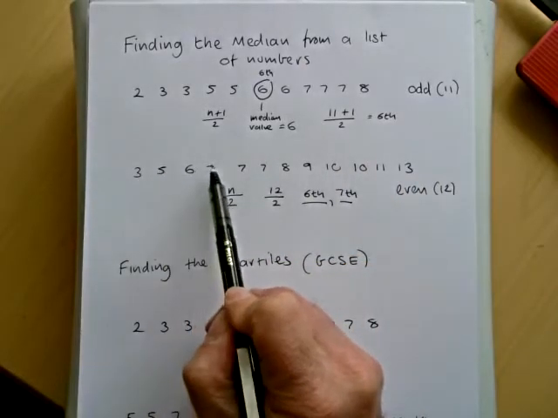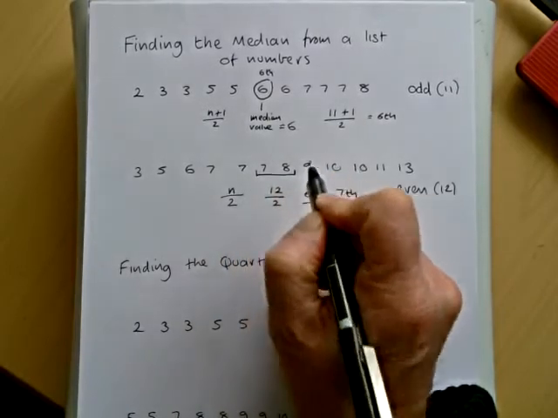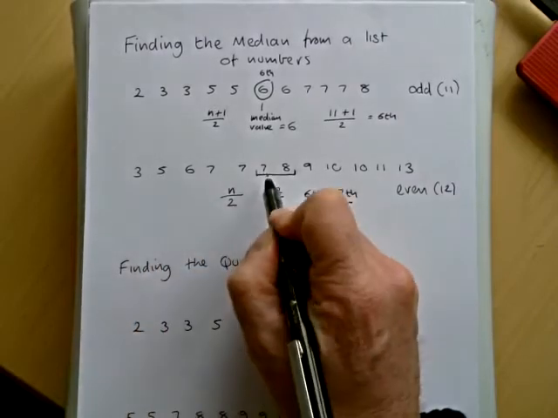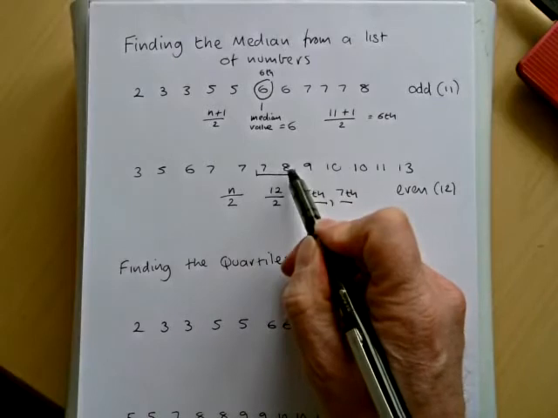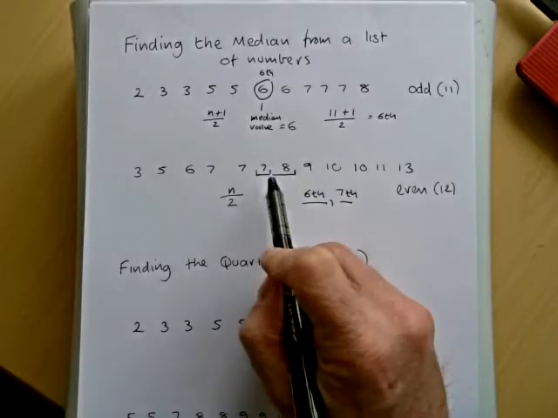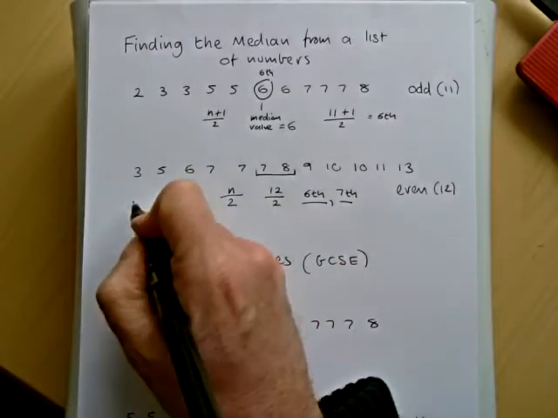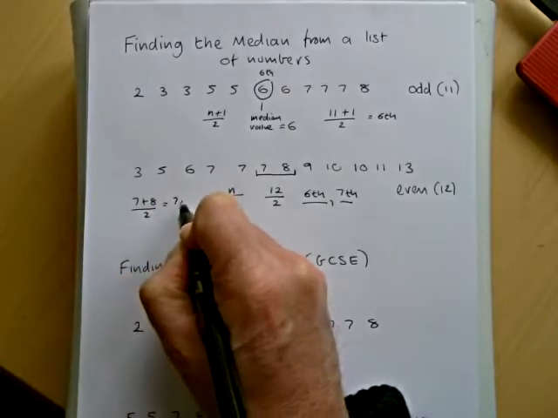So 1, 2, 3, 4, 5, 6. So our middle pair is 7 and 8. If the middle pair is 7 and 8, then we've got to find the halfway point between those two numbers. Now it should be obvious to you that the halfway point would be 7.5. If we were dealing with numbers where it wasn't so easy, you simply add these two numbers together and divide by 2 to find the middle.